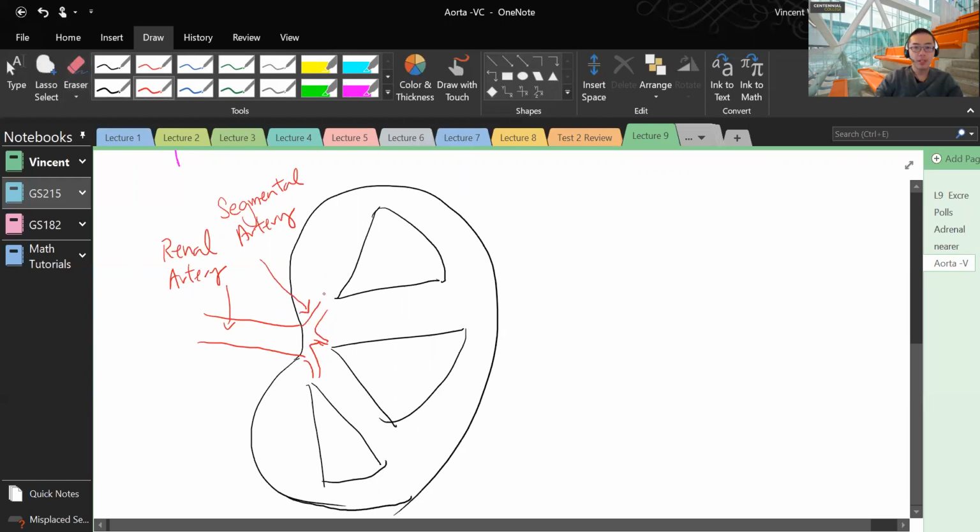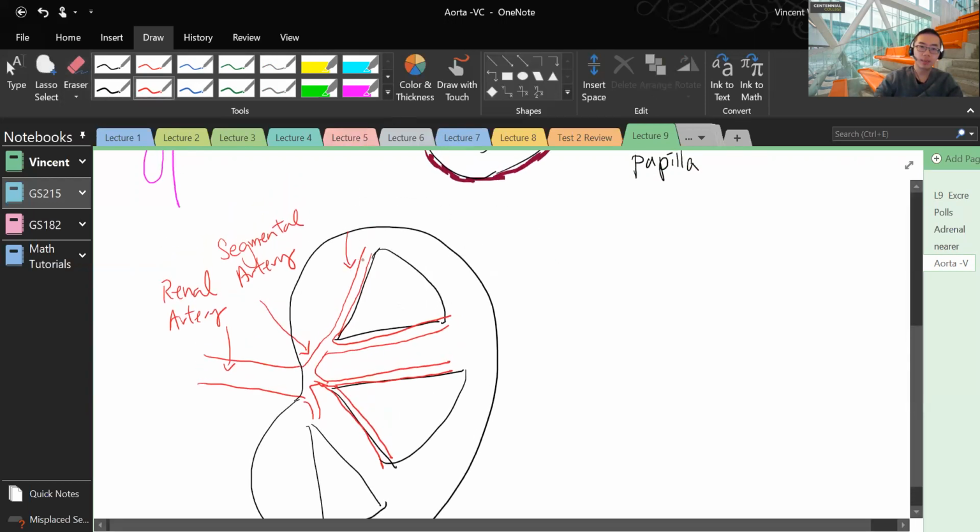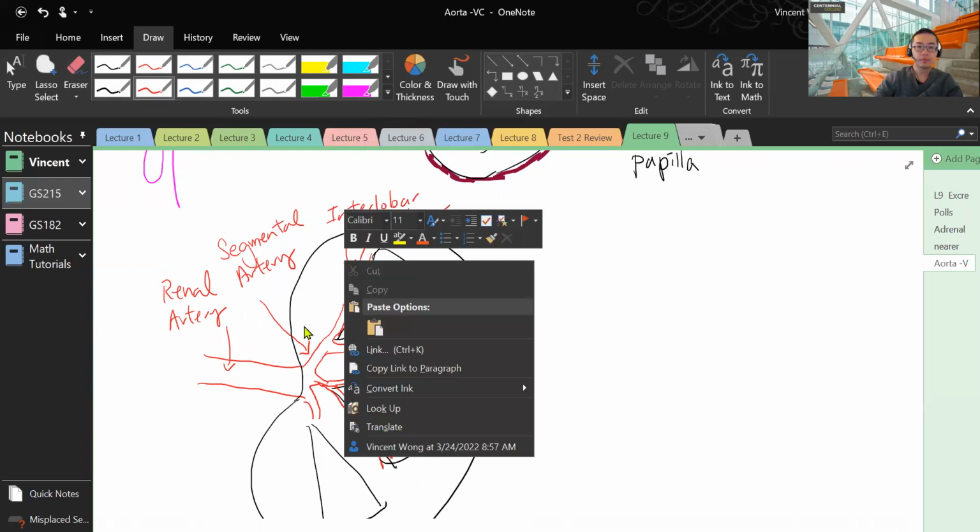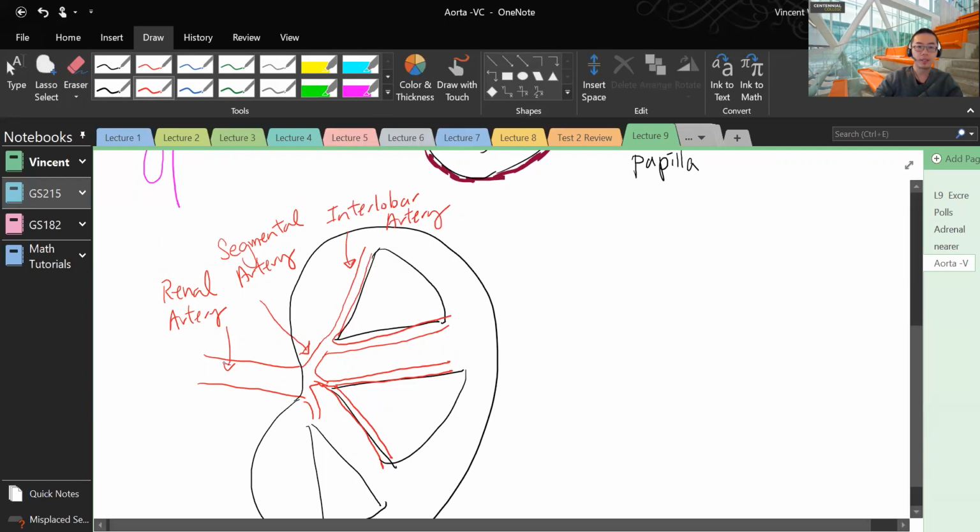After that, the segmental artery will split and go up the sides of the pyramid, like that. Here is another one that will go up the side of the pyramid. These ones that are going up the sides, we call the interlobar artery.